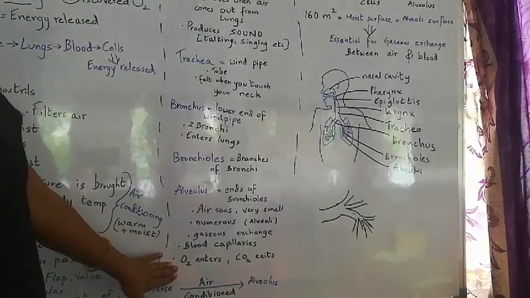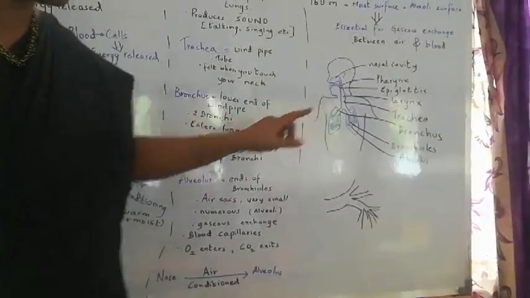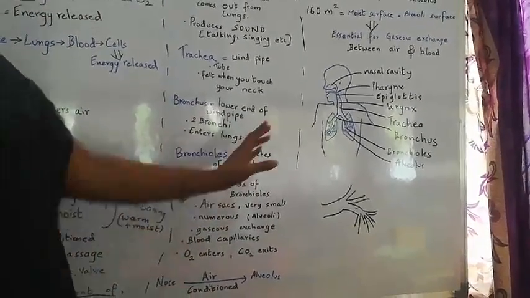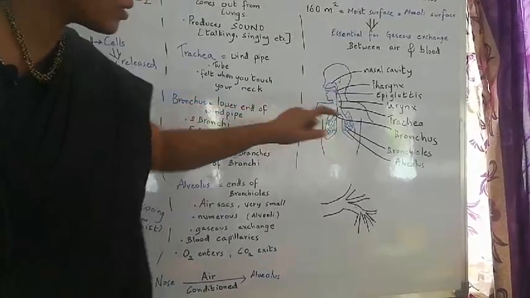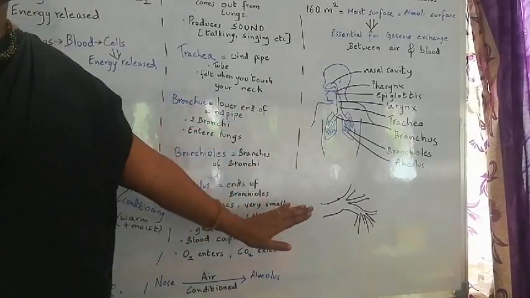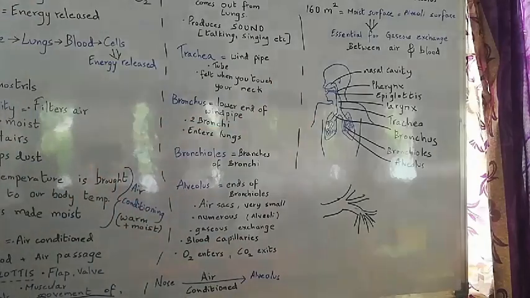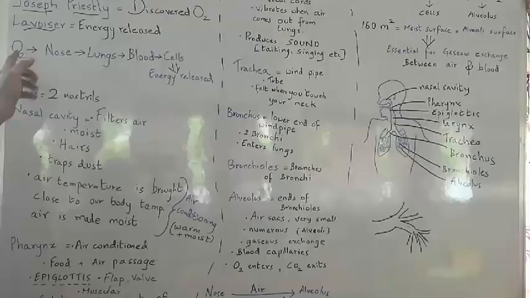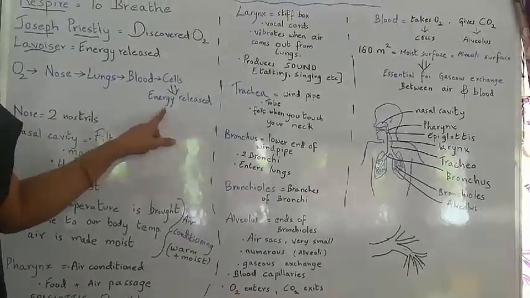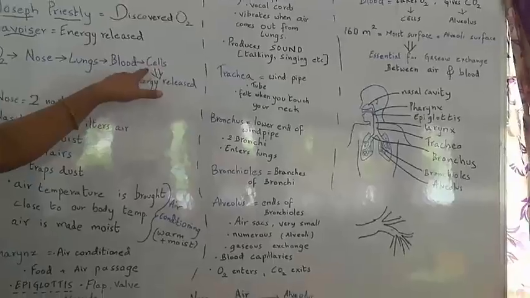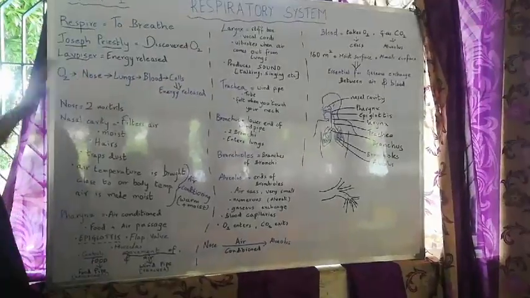Now what happens finally in the alveoli, in the air sacs? Oxygen enters into the alveolus from our nose, whereas carbon dioxide exits. See, the pathway is the same. For oxygen to enter, it has to come from the nose, then nasal cavity, then pharynx, like this. When carbon dioxide has to be released outside, then again from cells to blood to lungs to nose, in reverse.